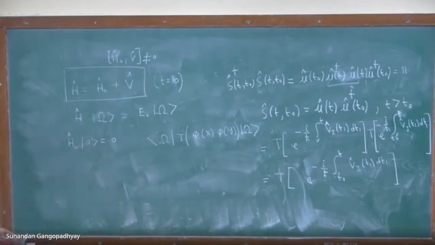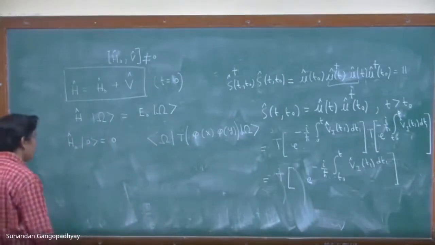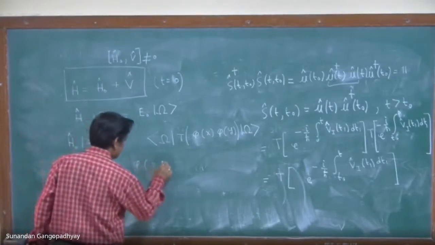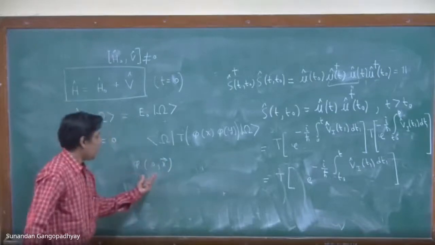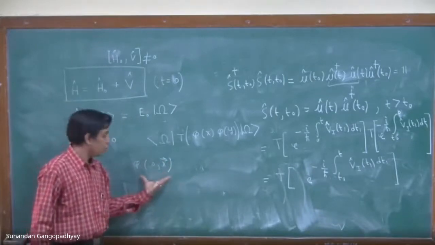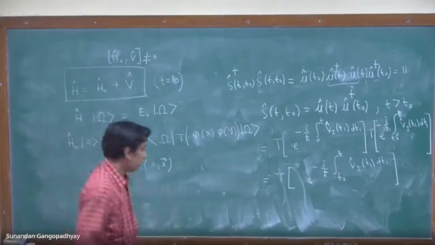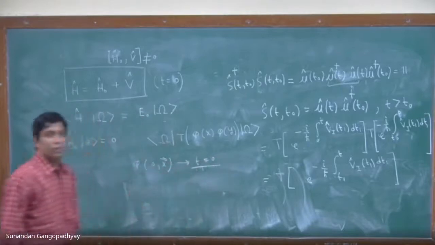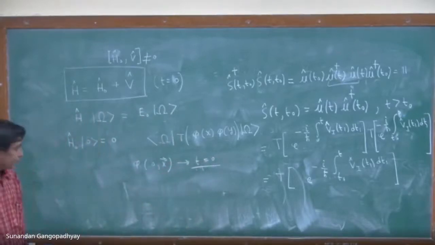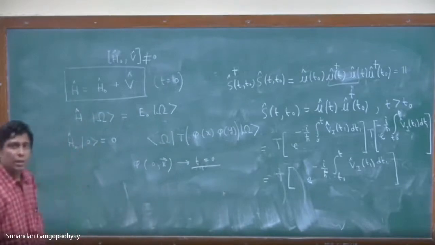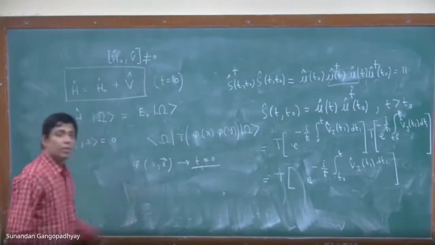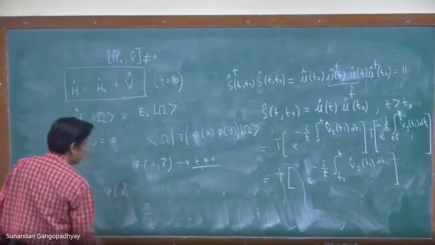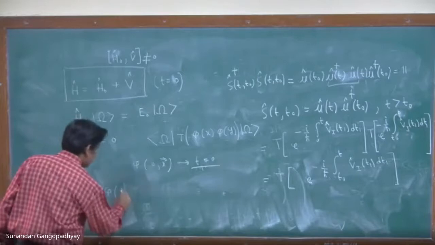And to do that, let us now proceed in the following way. Let us consider this phi at time t equal to 0, x vector, to be a field configuration at time t equal to 0. In the Heisenberg picture, how will this field configuration evolve? It will evolve in the following way: phi t comma x vector.